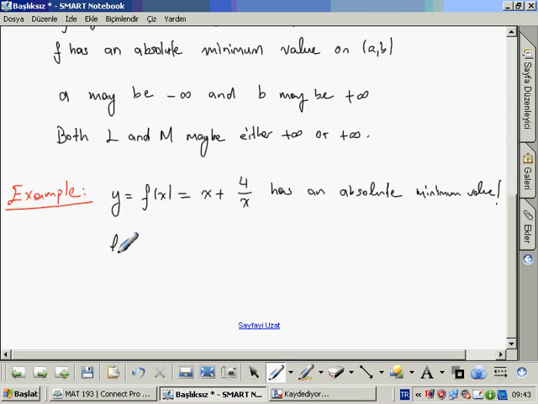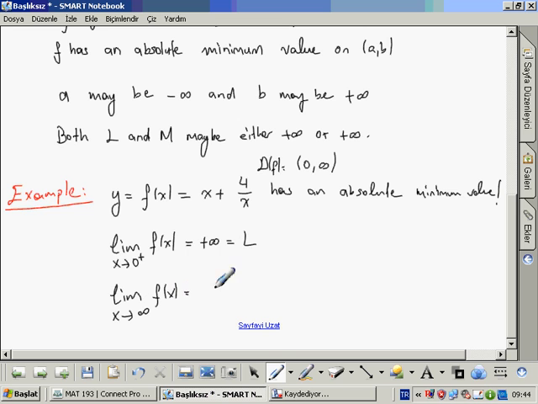Because the limit as x approaches 0 from the right hand side of f of x, of course this function is defined on this interval, the domain of f, equals plus infinity, which is the L point, and the limit as x approaches infinity of f of x equals plus infinity, which is M.